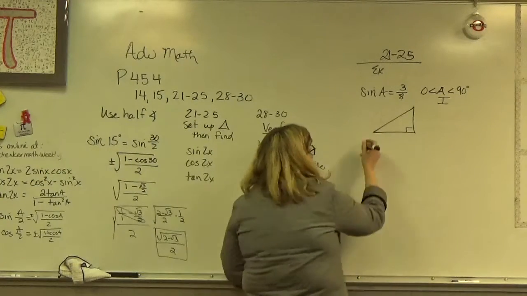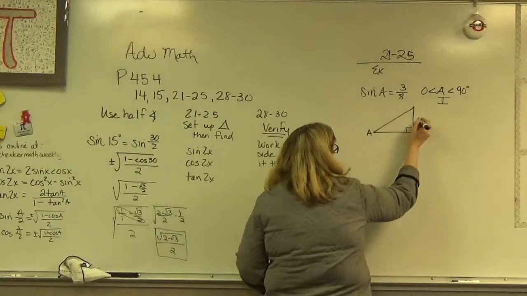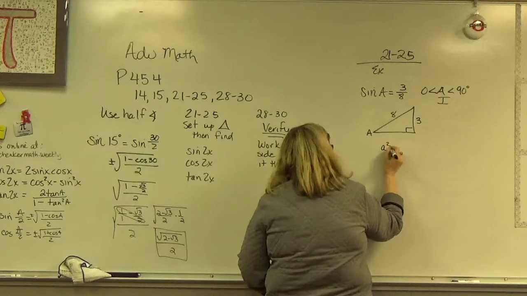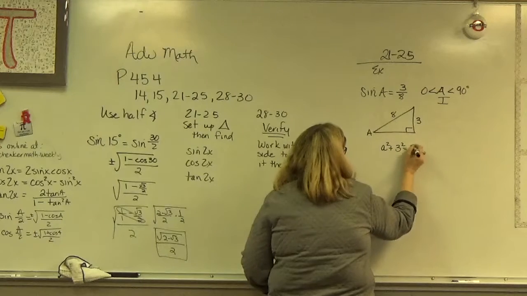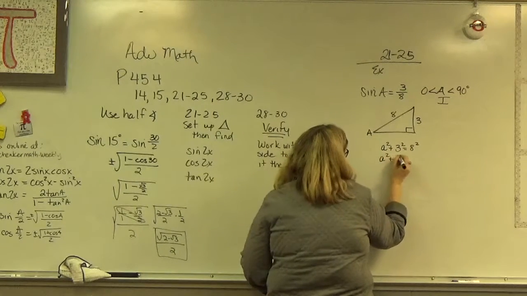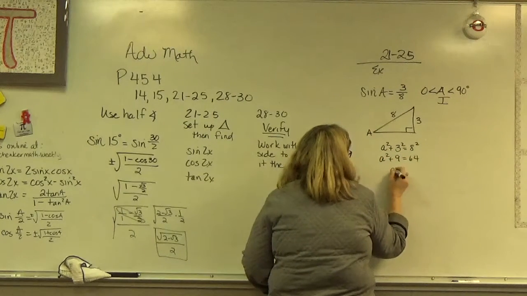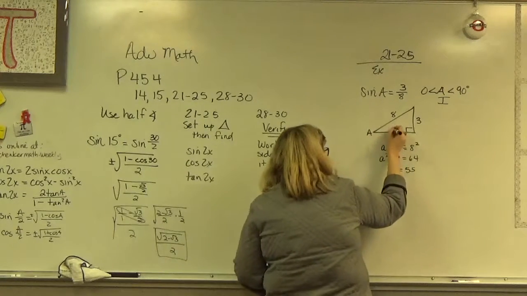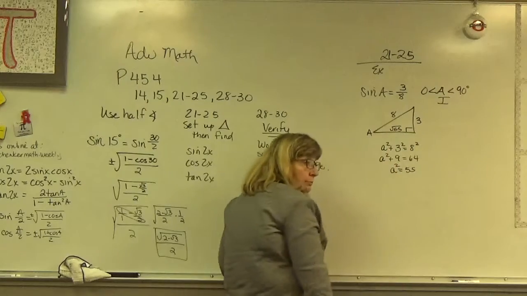So what is the sine by definition? So Pythagorean theorem, a squared plus b squared equals c squared. So square root of 55. Anybody else agree?